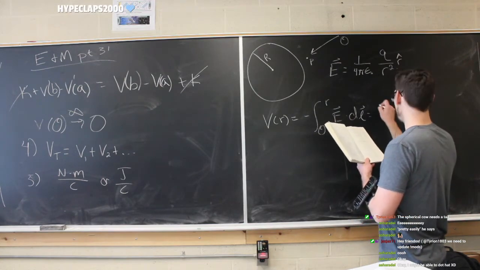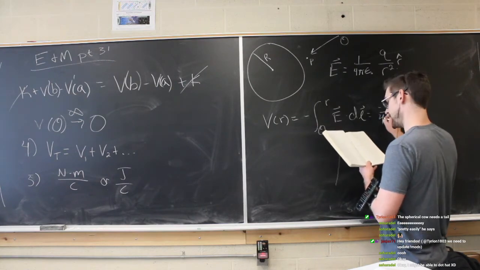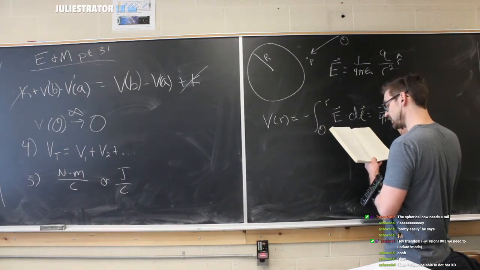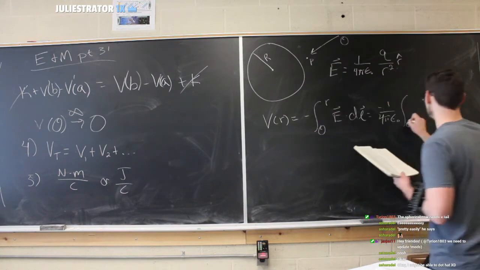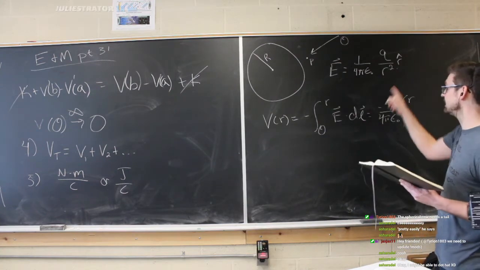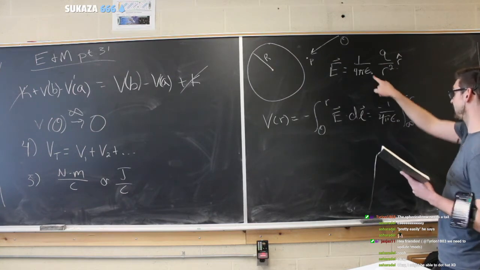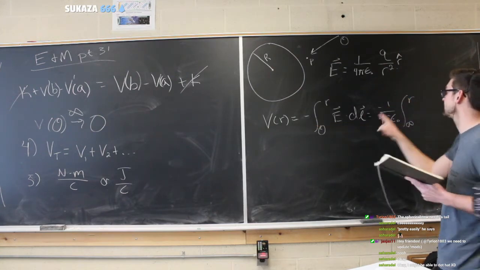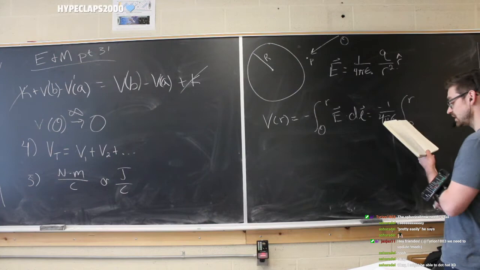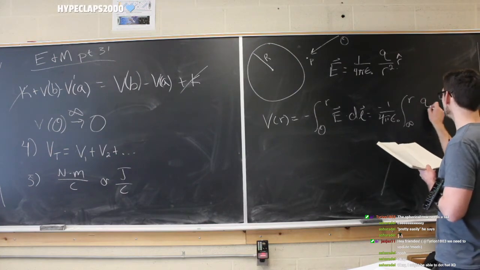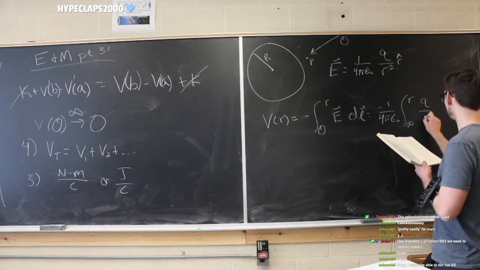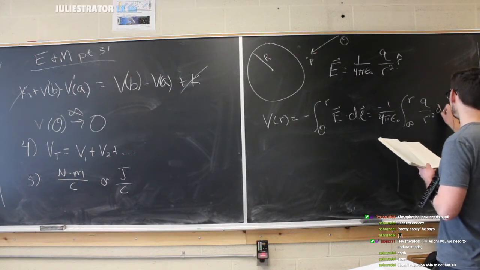So that means we have negative 1 over 4 pi epsilon naught times the integral from infinity to R. Right now I'm just plugging in this E and this infinity from the origin. This factor will come out front. Here's the minus sign right there. And last thing we have is q over r prime squared, dr prime.